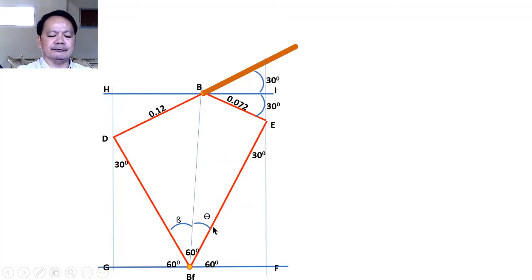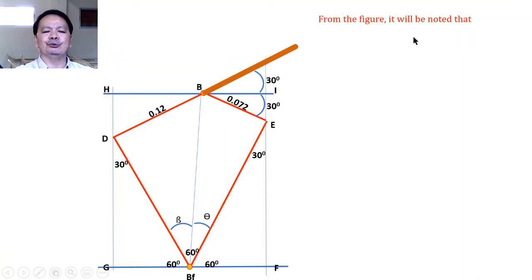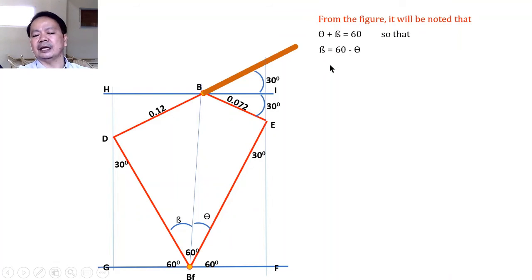Therefore, from the figure, it will be noted that the sum of beta and theta will be equal to 60. So theta plus beta is equal to 60. From here we have the relationship that beta is equal to 60 minus theta, or theta equals 60 minus beta. Right? The nice thing here is that we have a series of adjacent triangles formed.